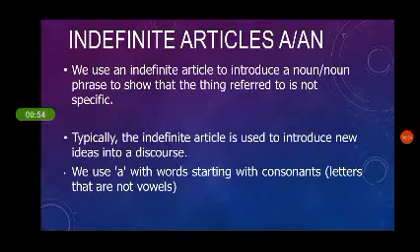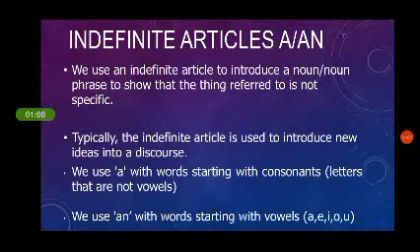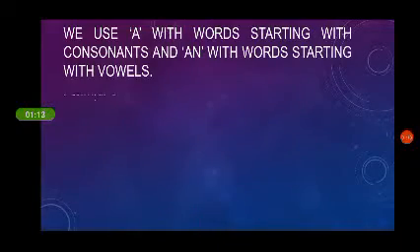We use a with words starting with consonants, and we use an with words starting with vowels. Let us take examples of words starting with consonants and vowels. Okay, examples: a toy.